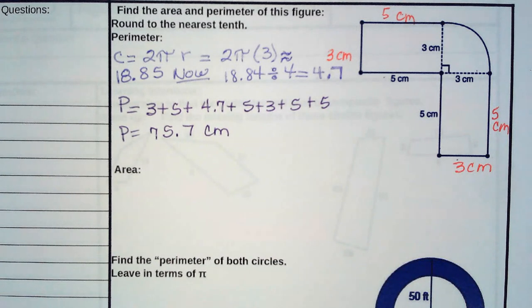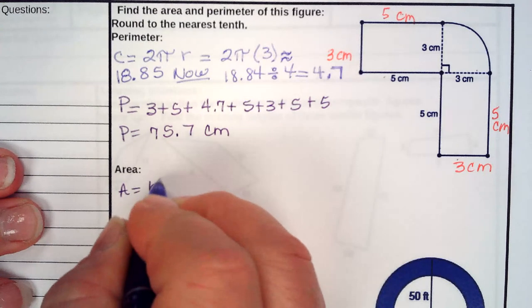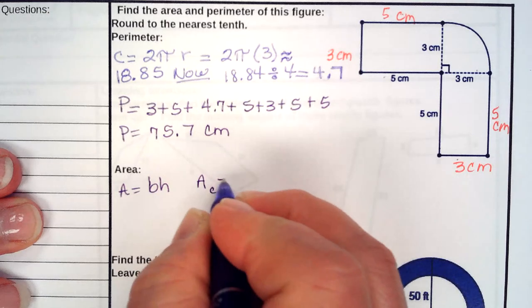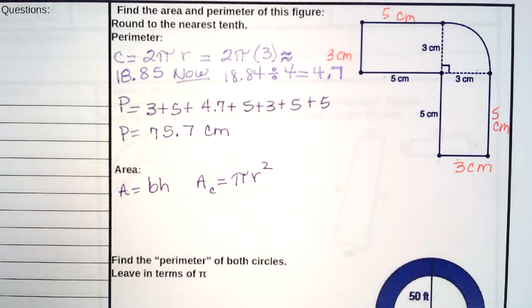What about the area? Well, you have two rectangles, and the area of a rectangle is base times height. And the area of a circle is equal to pi r squared. But is it a whole circle?